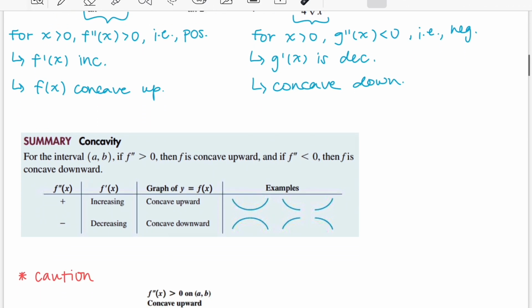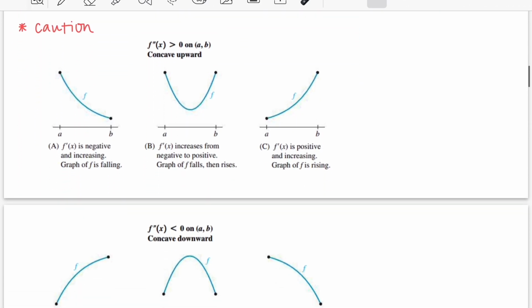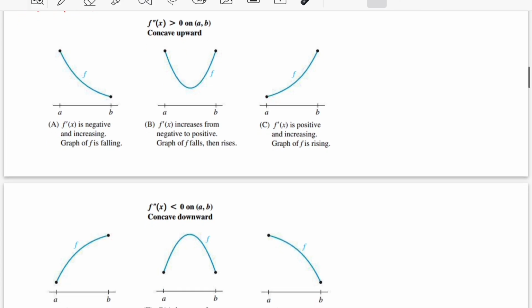Now we do have to be careful. We don't want to confuse concavity with rising and falling. A graph that's concave upward could be falling, rising, or both, and similarly for a graph that's concave downward. So here are some examples of concave upward.